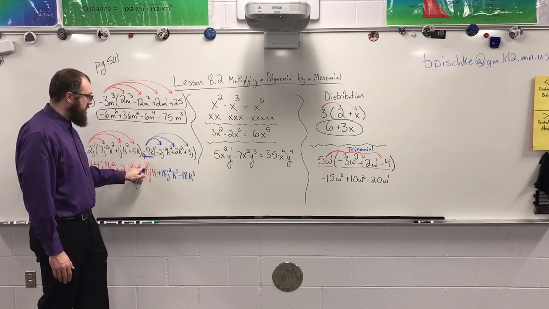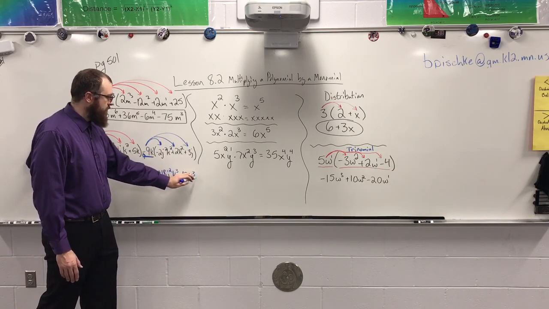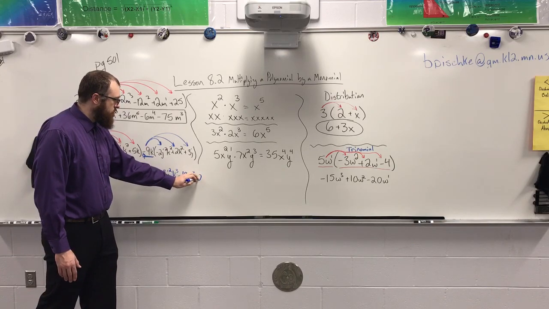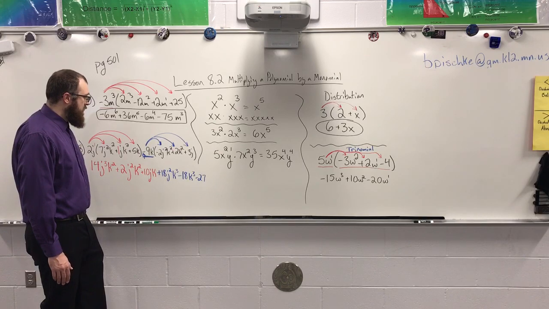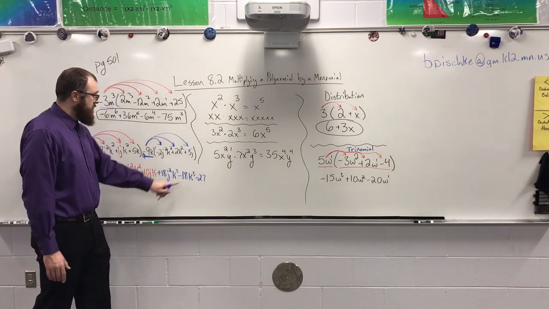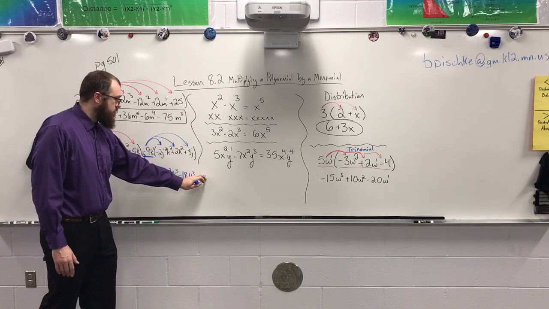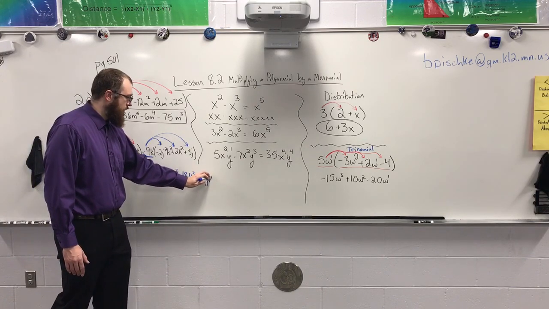Last one. Negative 9k times 3j. Coefficient times coefficient. Negative 9 times 3 is negative 27. Now, we should always keep these alphabetical, so j should go next. J times no j's is j. K times no k's is k, jk.